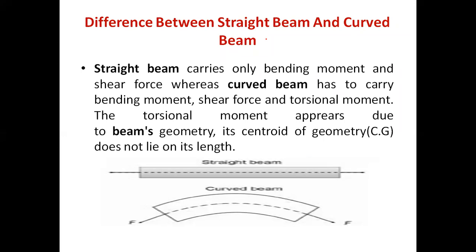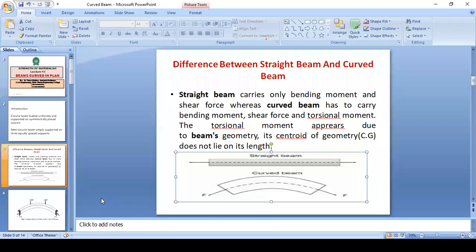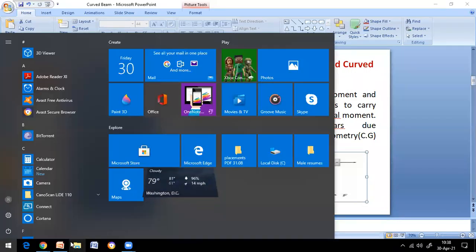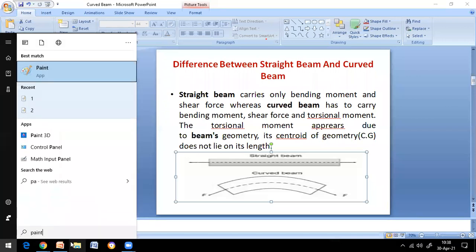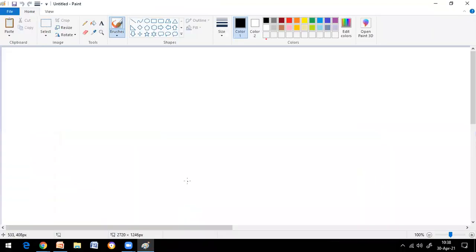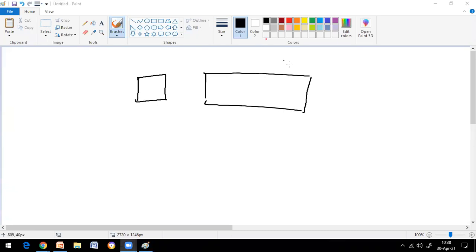If you want, let me show it in detail with the picture. Let us take a square cross section of the longitudinal beam. This is the neutral axis of the beam, and this is the centroid of the beam.